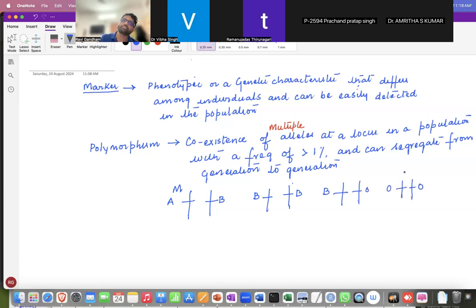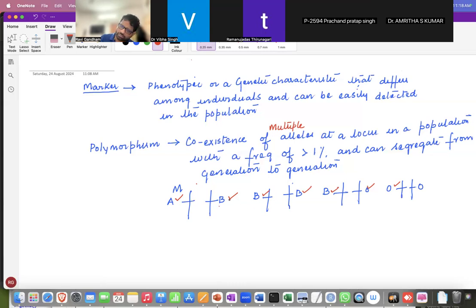So what is this? What is polymorphism? Basically, coexistence of these alleles that you have, A and B, and O, in the population, at the same locus. I've drawn the same chromosome. There will be some chromosome which we designate as, let us say, some Z chromosome or Y chromosome or whatever it is, or some X and Y chromosome, right?